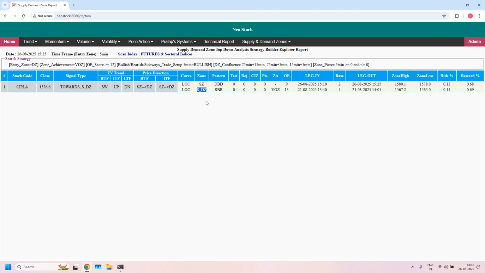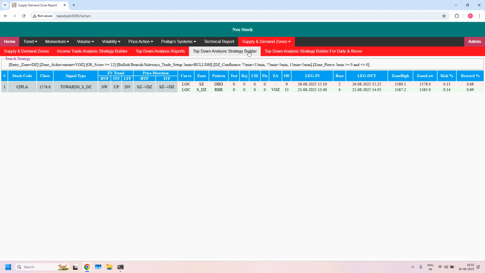That means this 5 minutes demand zone overlapped with 15 minutes demand zone, both together again overlapped with 75 minutes demand zone. And the 75 minutes trend is sideways. Sideways trend EMA confluence does not give any advantage. So we don't have any high probability trade setup for the hourly income trade bullish trade setup.